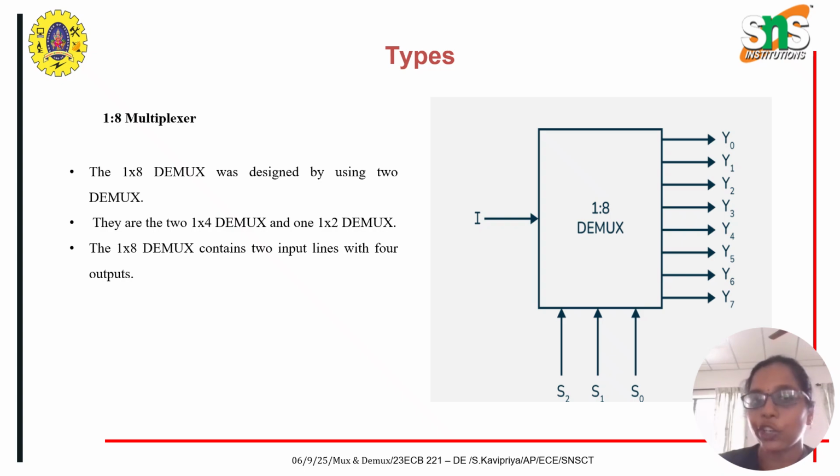And we have 3 selection lines, 2 power 3 is equal to 8. So totally 8 combinations are available, and through which of the 8 output lines this input has to be transmitted is decided by the selection lines.